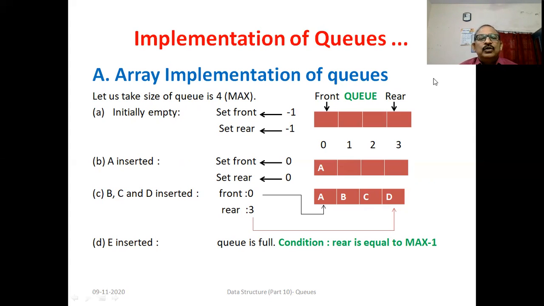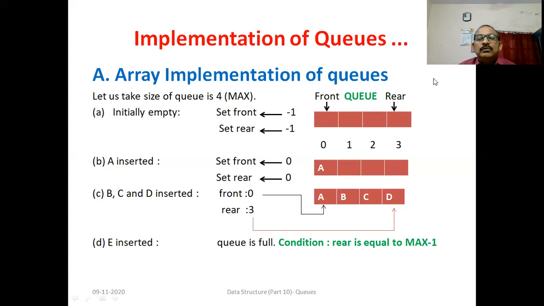In the same way, we add the elements C and D. After the insertion of element D, in the picture you can see the front is pointing to the first item, that is A, and rear is pointing to the item D. Rear has value 3 and front has value 0.